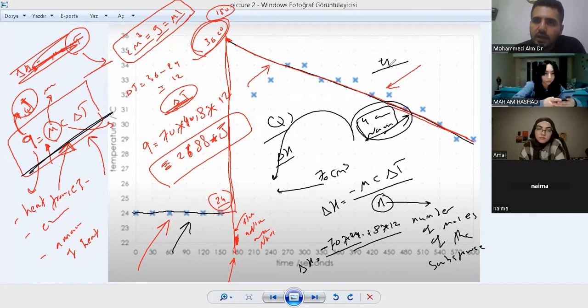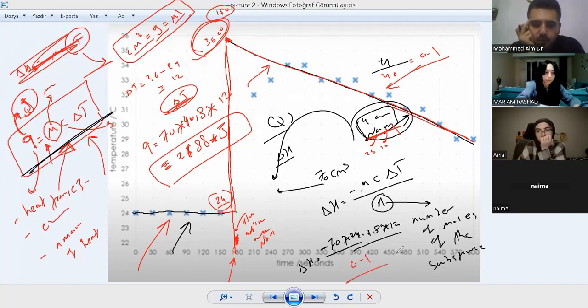We divide these 4 grams by the molar mass. NaOH molar mass is 40: Na 23 plus 16 plus 1. So this gives us 0.1. So we put 0.1 here.